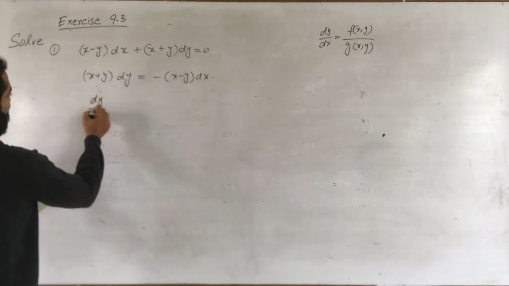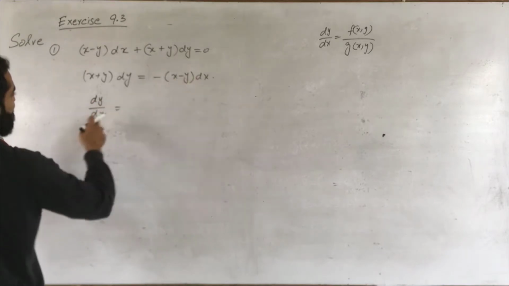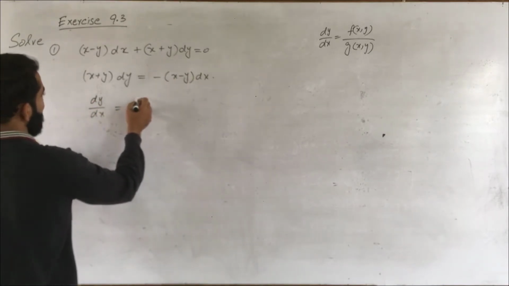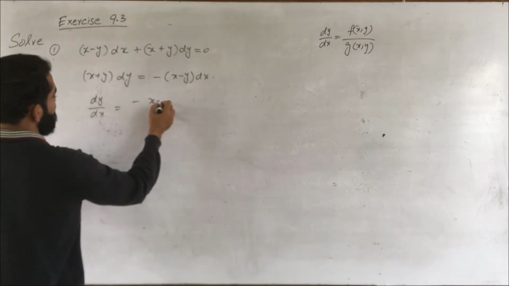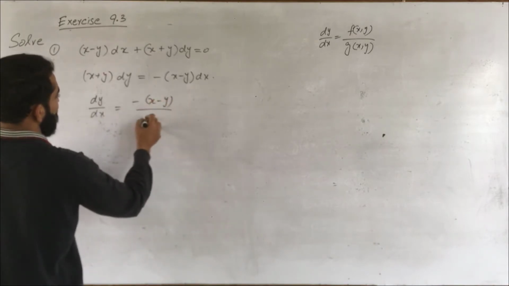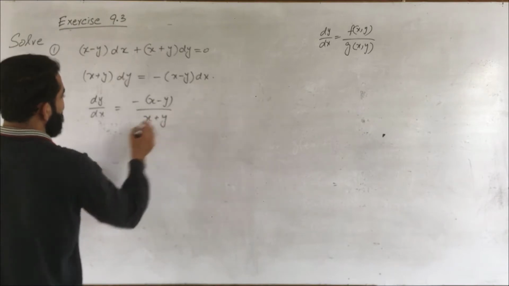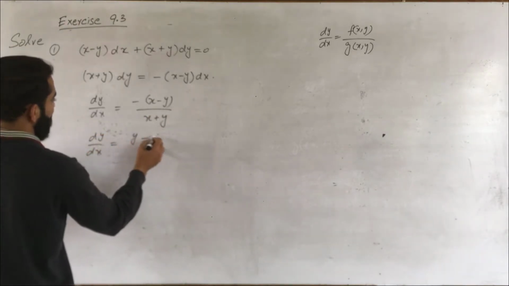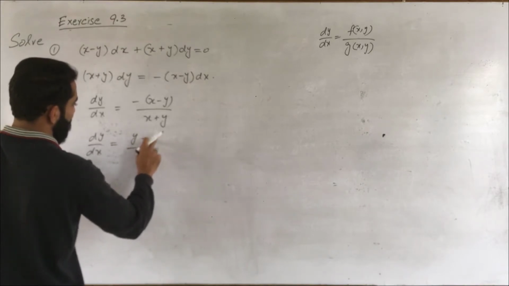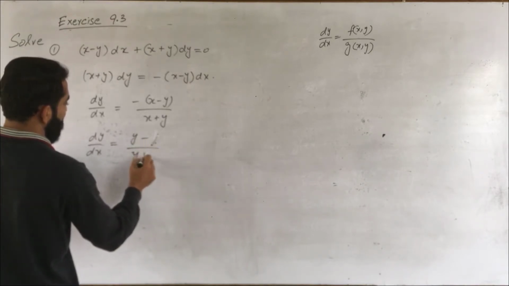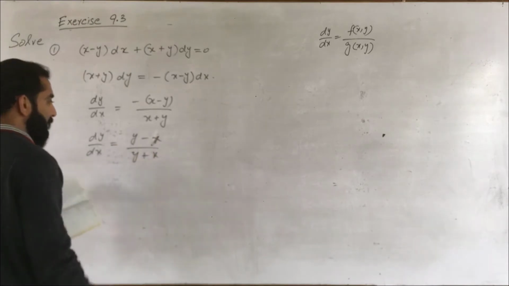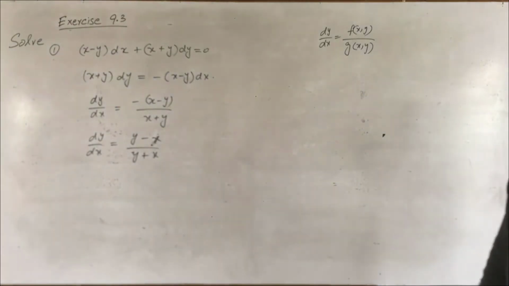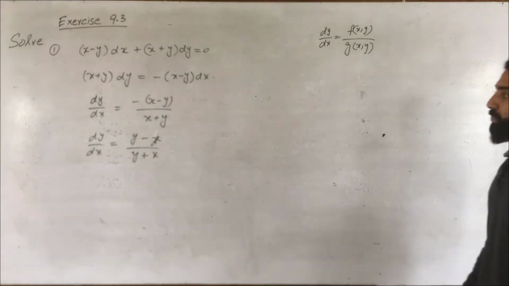Then x plus y into dy over dx is equal to minus (x minus y), so dy over dx is equal to y minus x over y plus x.